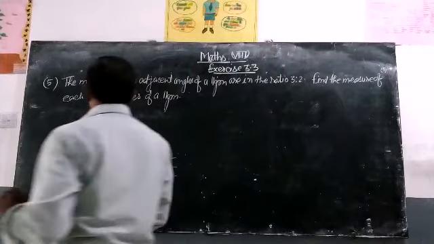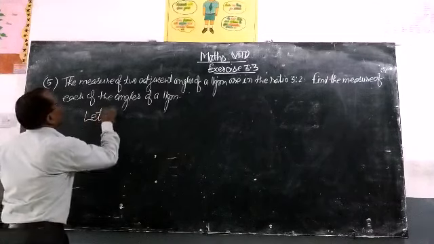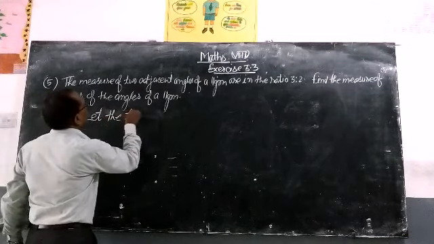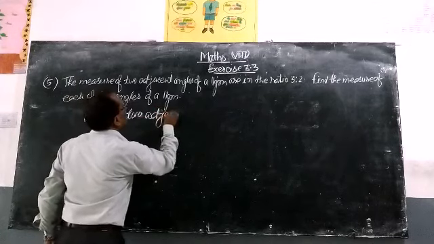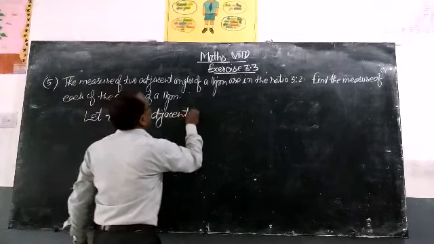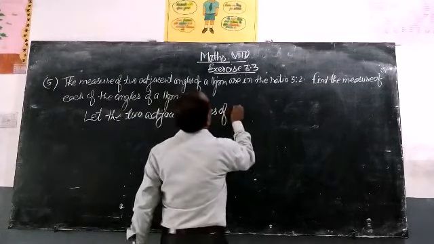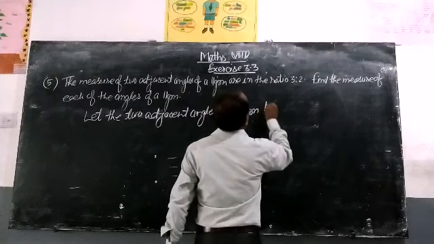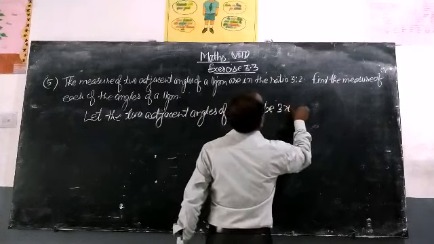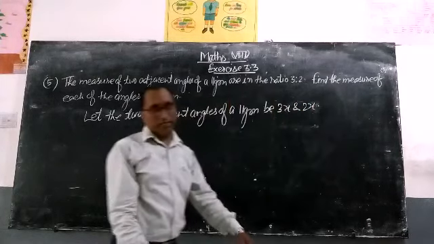For this, just write: let the two adjacent angles of a parallelogram be 3x and 2x respectively.